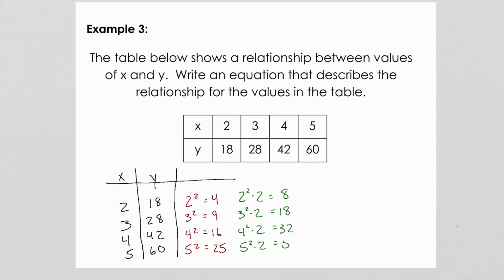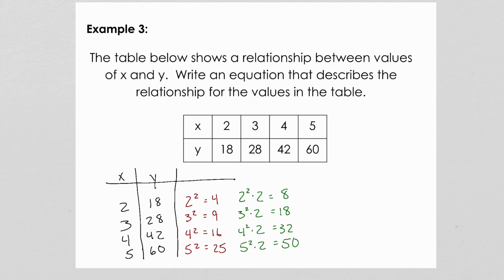So I'm seeing kind of a pattern here because now I have to get from 8 to 18, from 18 to 28, from 32 to 42, and from 50 to 60. Each time it looks like I'm adding 10.